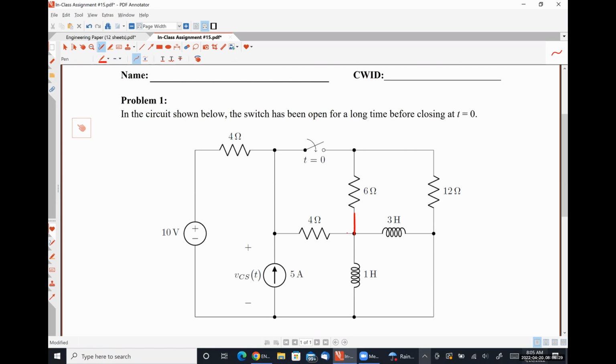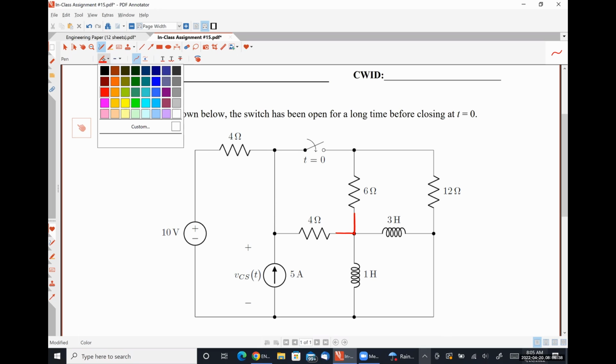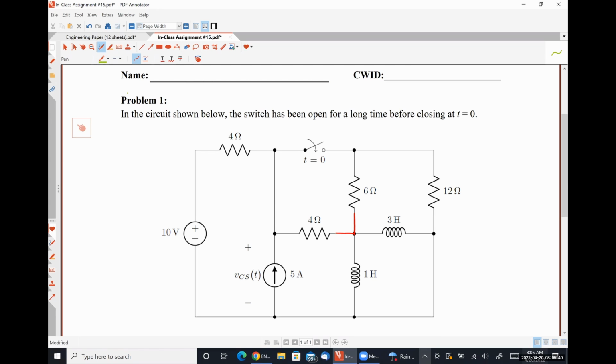And so what I'm doing here simply is identifying the nodes that the inductor network is connected to. So I have that red node up there, and then I'm going to have this green node down here.